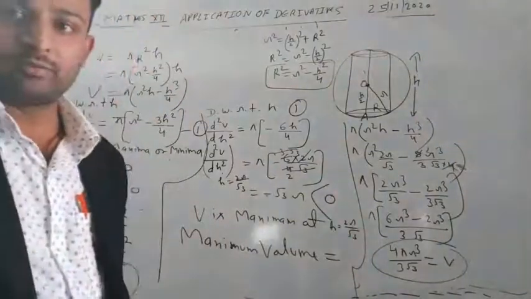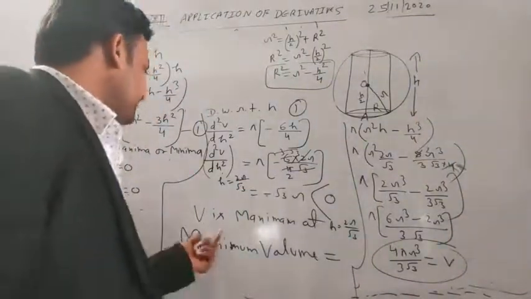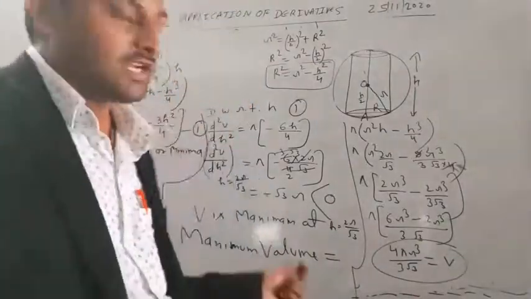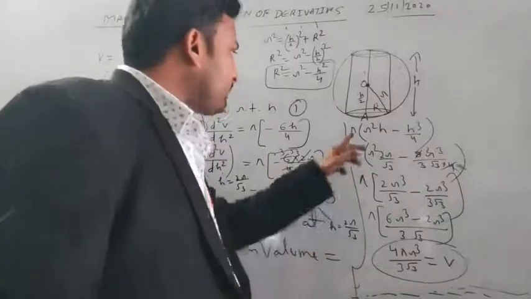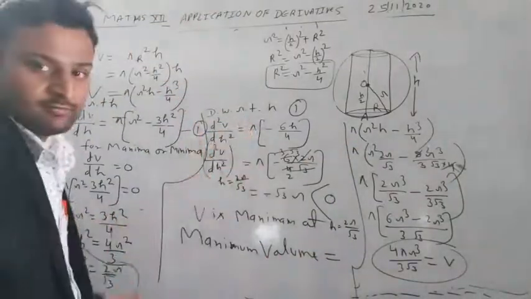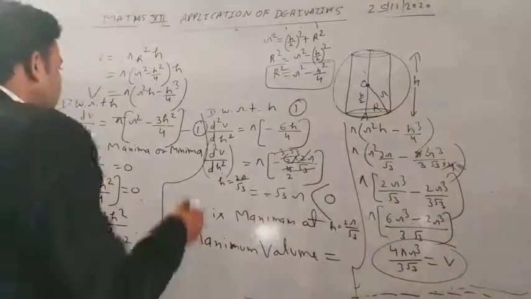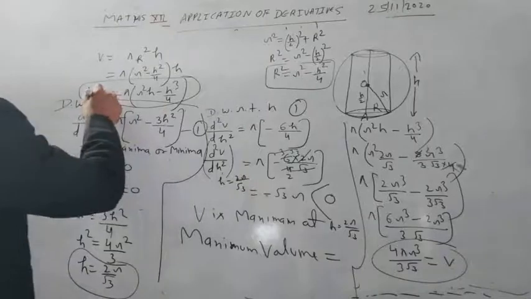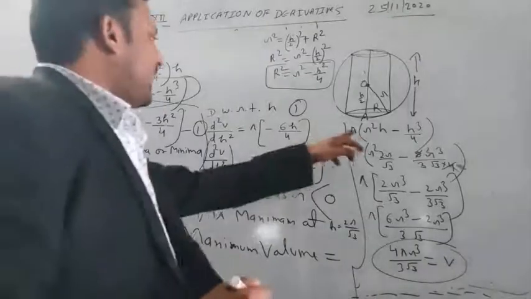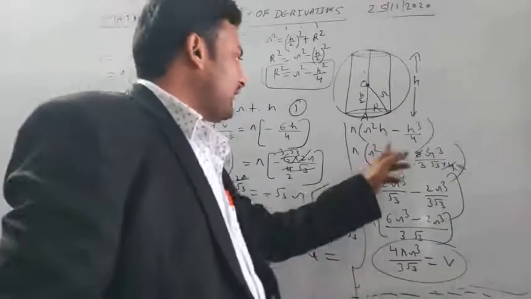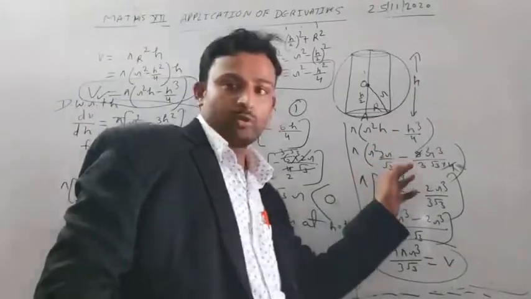And we have to maximize the volume in this question, so we find the maximum volume. Here V is pi times r square H minus H cube by 4. Now we put the value of H, which is 2r by root 3.